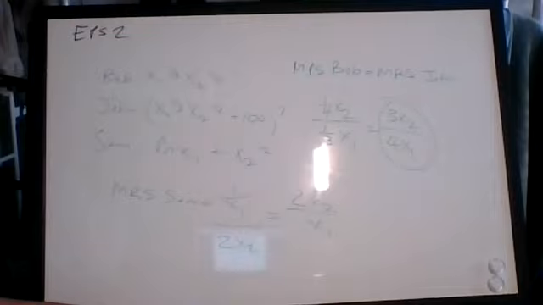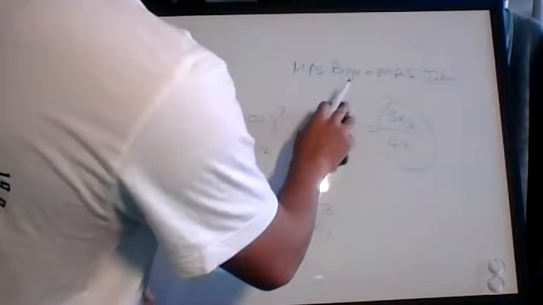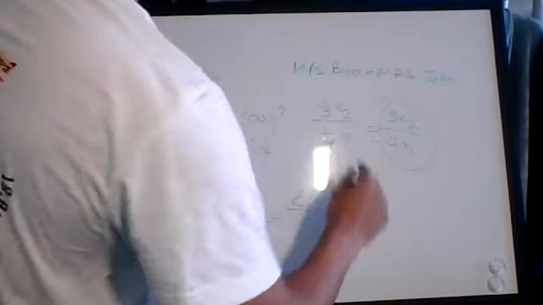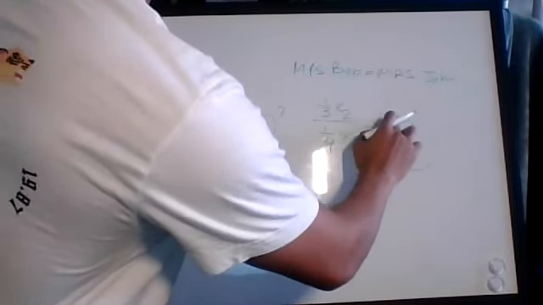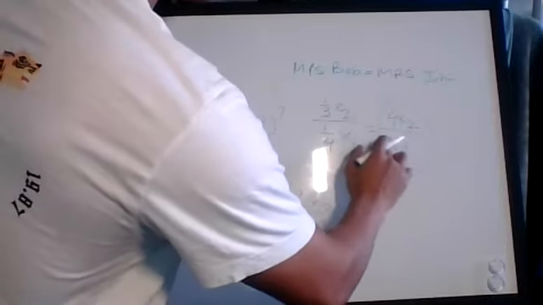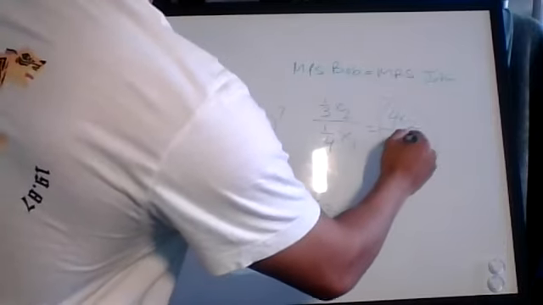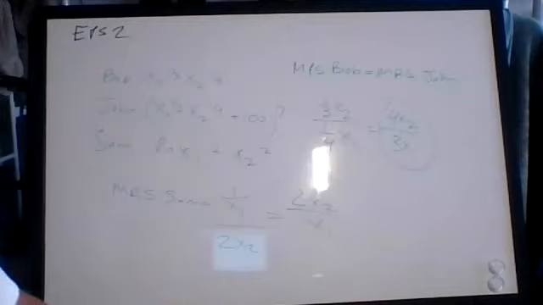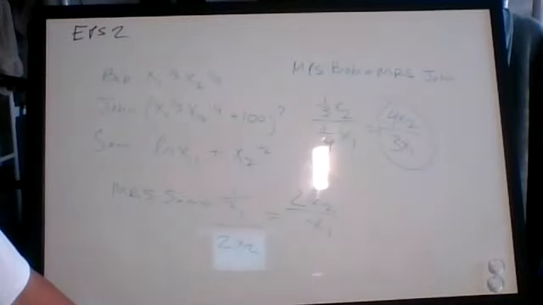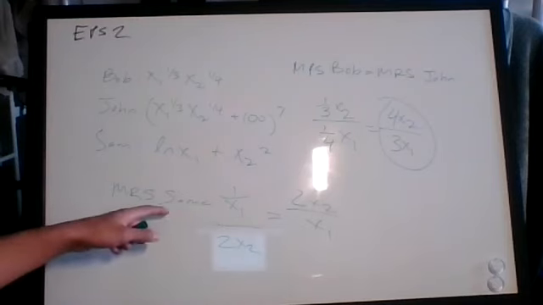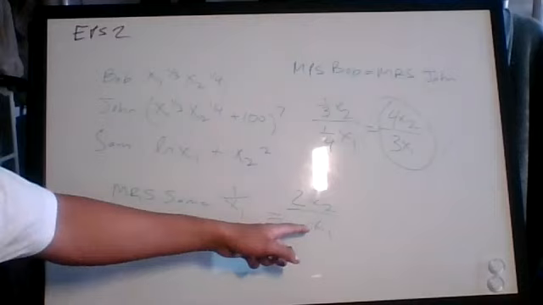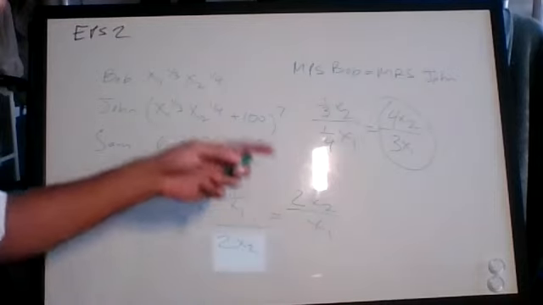So, oh, actually, this is 1/3. Whoops, I just flipped them. This is 1/3 over 1/4, so it should be 4 over 3, right? But you're never going to have x1 be 0 in the denominator, right? Which would imply that John's MRS is infinite. And Sam's MRS, we've already found, is different than Bob's, right?